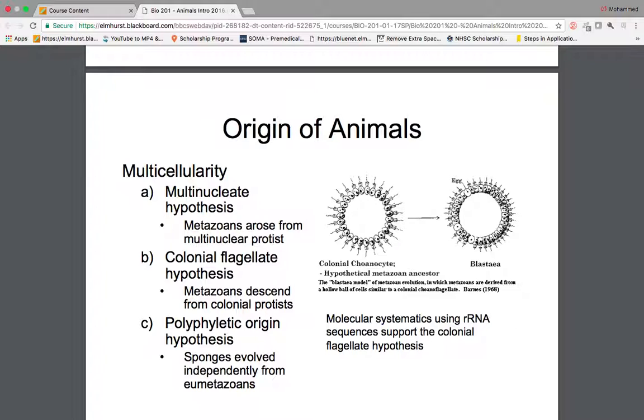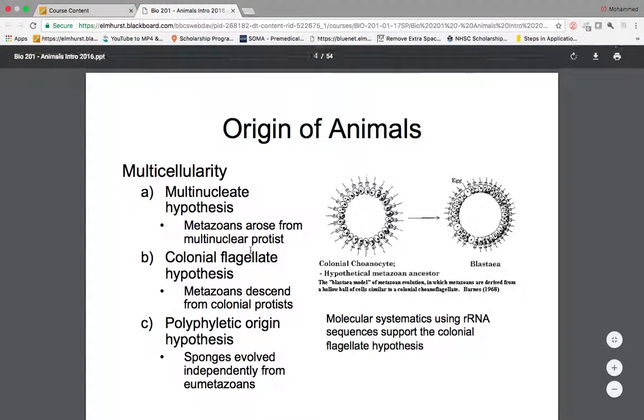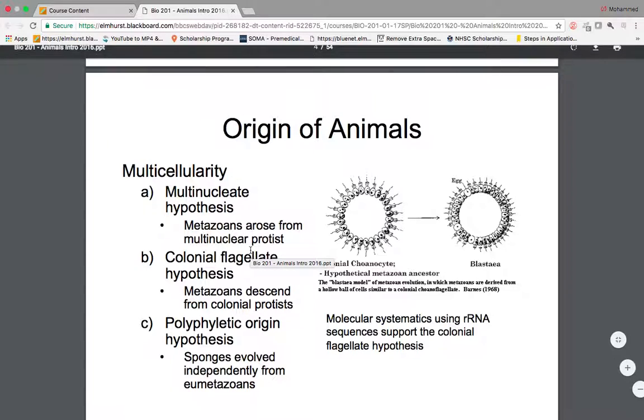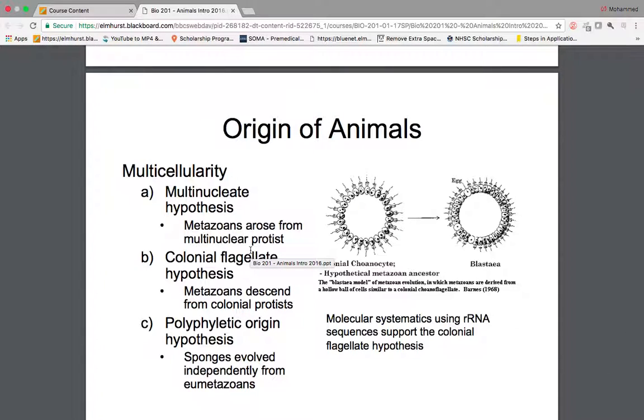There's some argument that maybe both of these things actually happened in early animal development, and that there might be some groups that are derived from one and some groups that are derived from the other. Because we do see some animals that form structures that are like multinucleate tissues that are called syncytial. So this is sometimes called the syncytial theory.